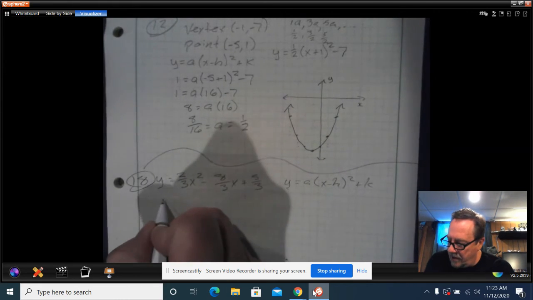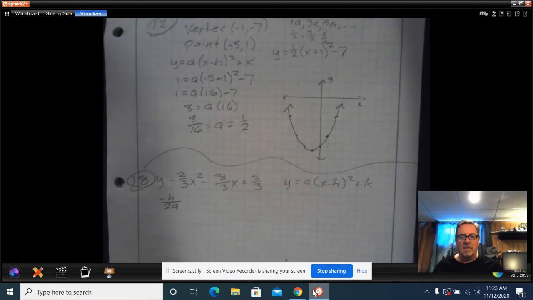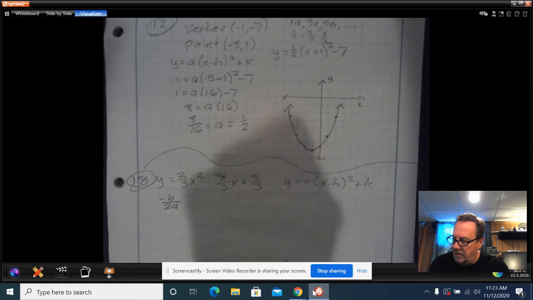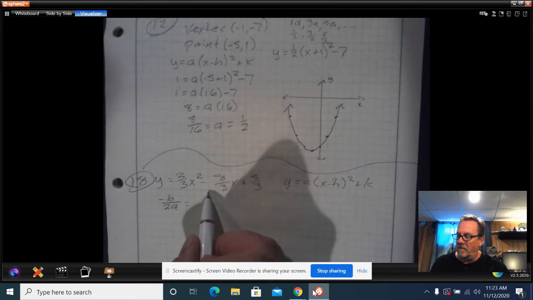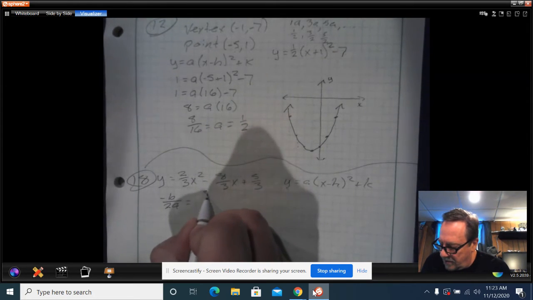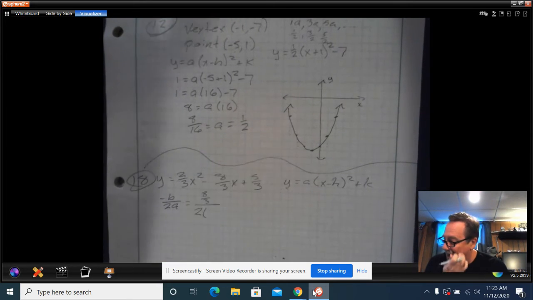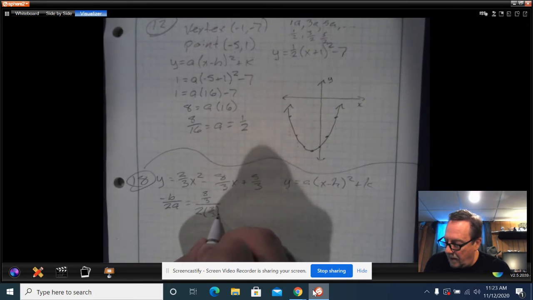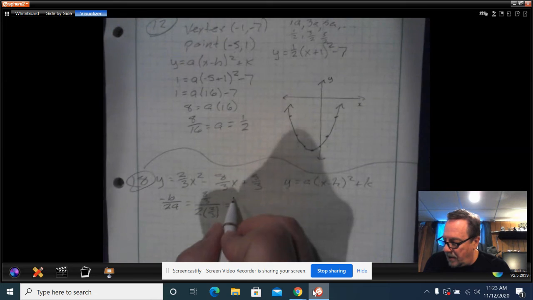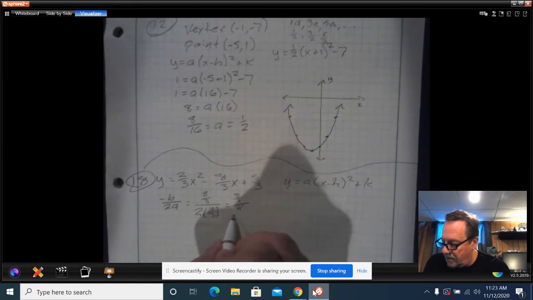And the way we do that is with a negative b over 2a, which in this case, our negative b would be a positive 8/3, because a negative 8/3 is a positive 8/3. 8/3 over 2 times a, which is 2/3, which would be 8/3 over 4/3.